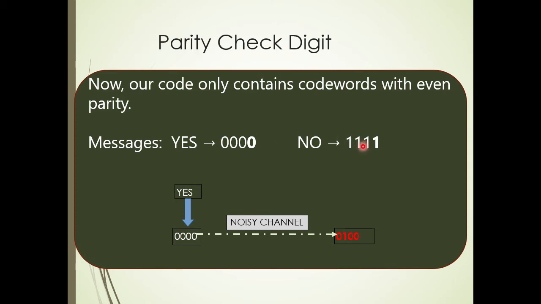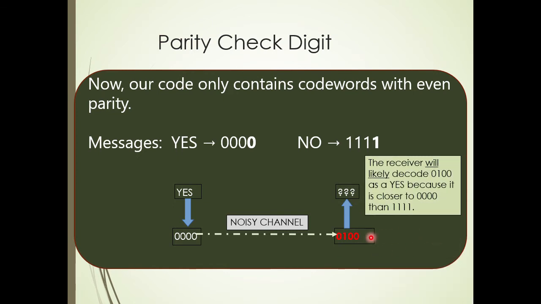So definitely there is an error. But in this case, the receiver knows that this one is closer to 0000 than to 1111. So the receiver will likely decode 0100 as a yes.